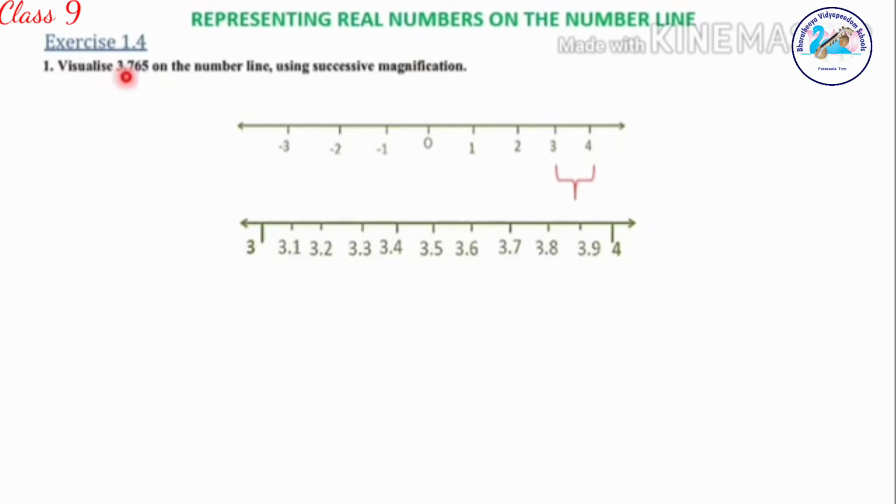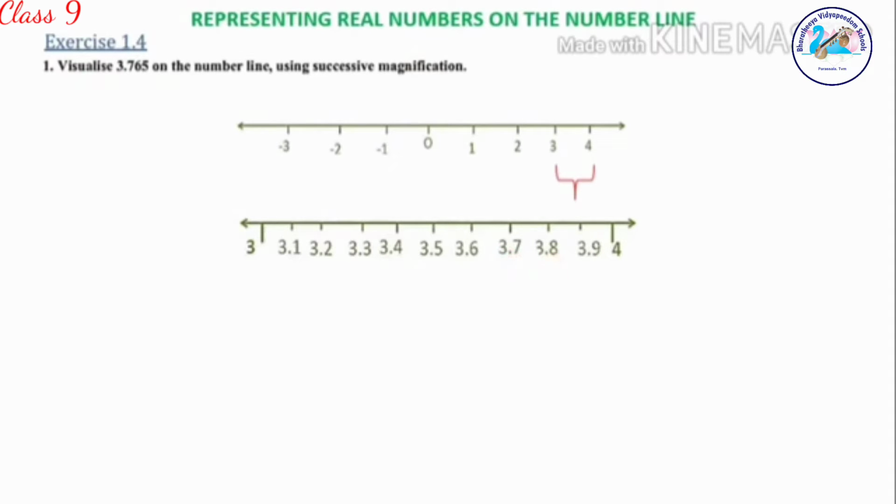Again, we have to locate 3.765. It is quite clear that 3.765 lies between 3.7 and 3.8, because here the starting digit after the decimal is 7, so surely it will be in between 3.7 and 3.8.